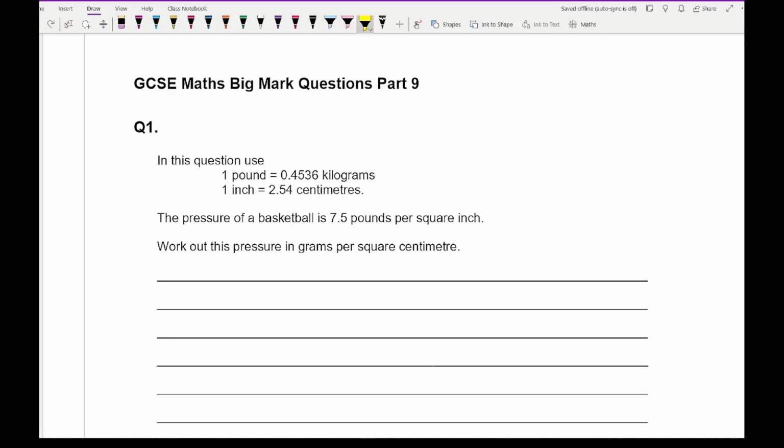We've been given these conversions, so we're going to be using these in some capacity. And we want to work out the pressure, and we want that pressure in grams and in square centimeters. So what I need to do is convert the 7.5 pounds per square inch into grams and then square centimeters. So let's have a look at this then.